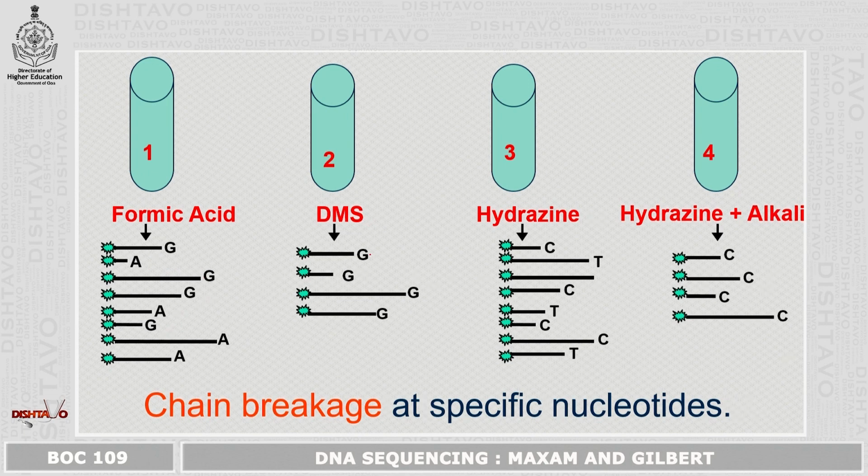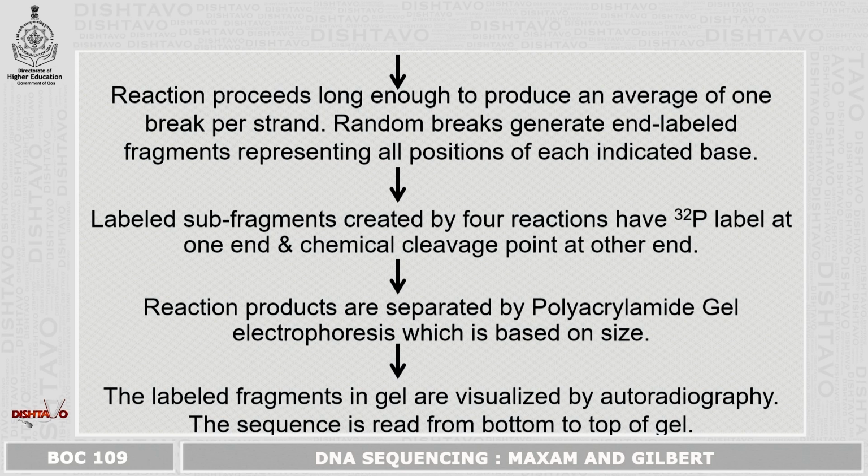Dimethyl sulfate will cleave wherever there is guanine, whereas hydrazine will cleave the fragments wherever there is cytosine and thymine. Whereas hydrazine and alkali in test tube number 4 will cleave only at cytosine. So, you will see that the chain breakage occurs at specific nucleotides, whichever chemical is added.